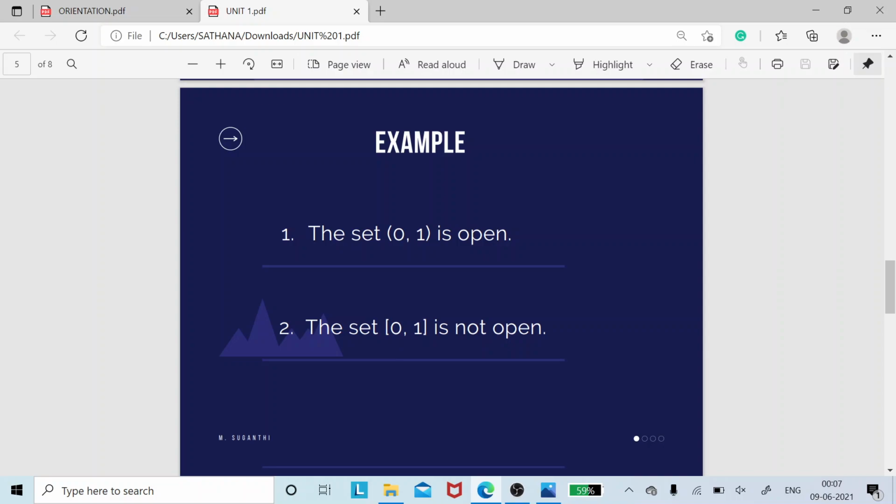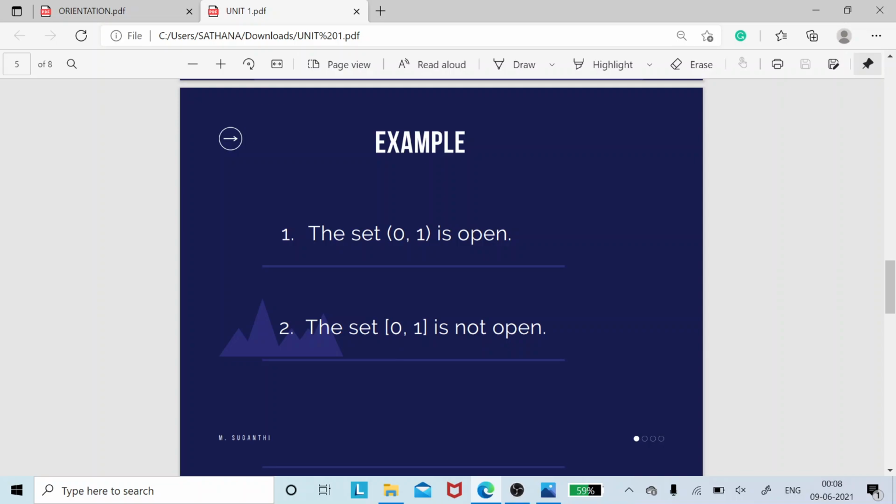Consider the element 0. Whatever positive delta you take, the segment (0 minus delta, 0 plus delta) is not completely lying inside the interval, because (minus delta, 0) is lying outside the set.